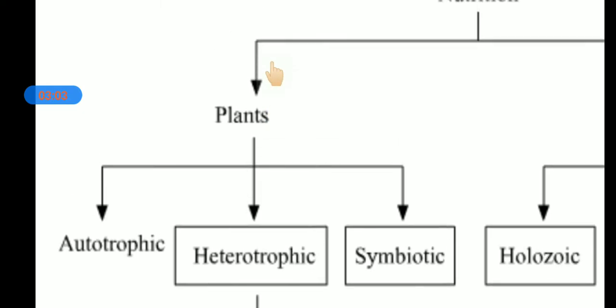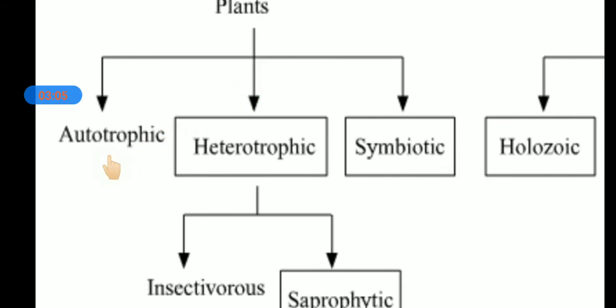These are autotrophs, those who create their own food; heterotrophs, those who depend on others for their food or any kind of deficiency, for example, insectivorous and saprophytic. Third is symbiotic plants. Symbiotic are the two plants that live together to fulfill each other's need.